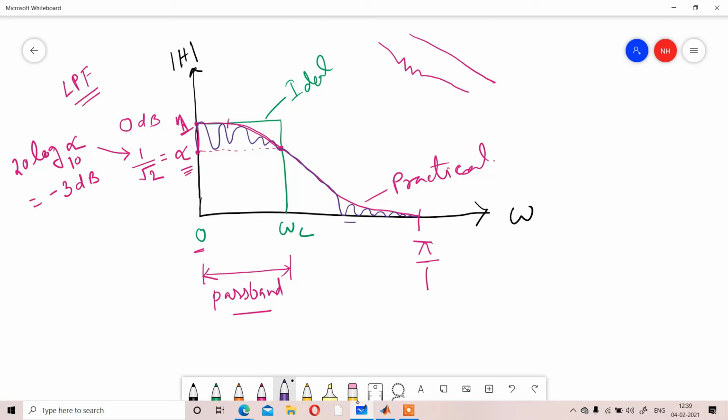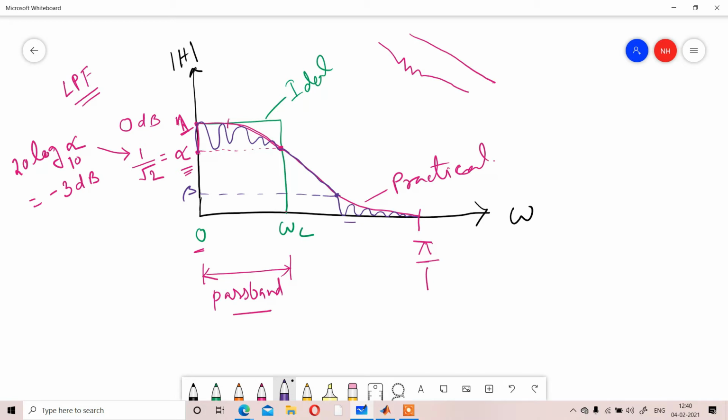Initially I told you that the change in frequency will be allowed up to a range of 0 to minus 3 dB, or 1 to 1 by root 2. Within that range, whatever changes happen, we allow. Similarly, in the stop band you have to choose how much frequency you are going to allow. Suppose that is beta.